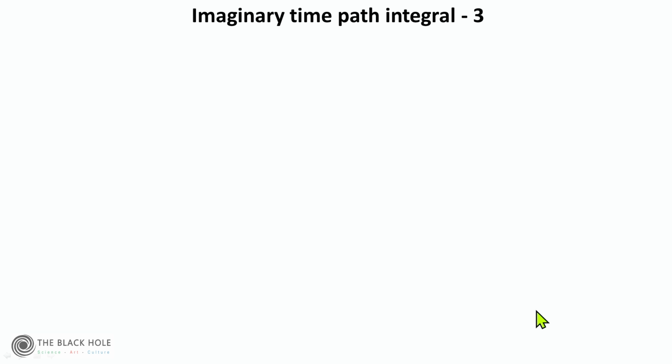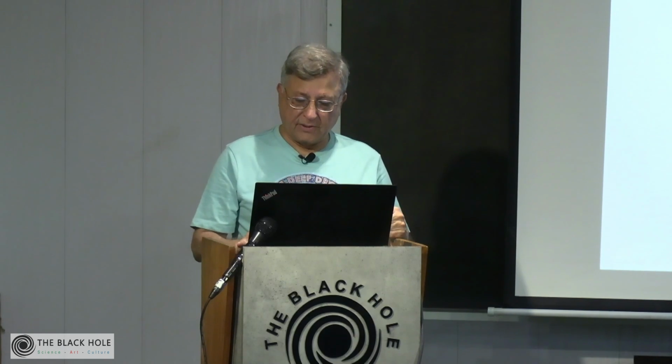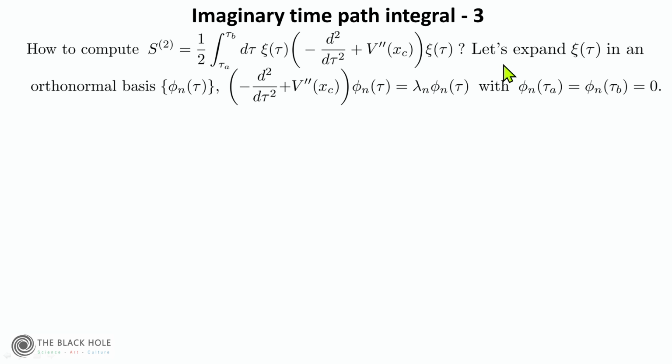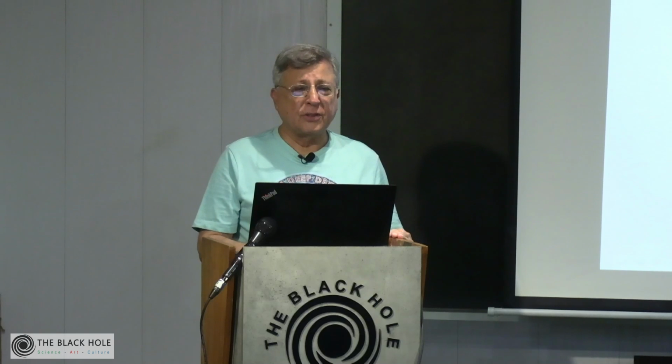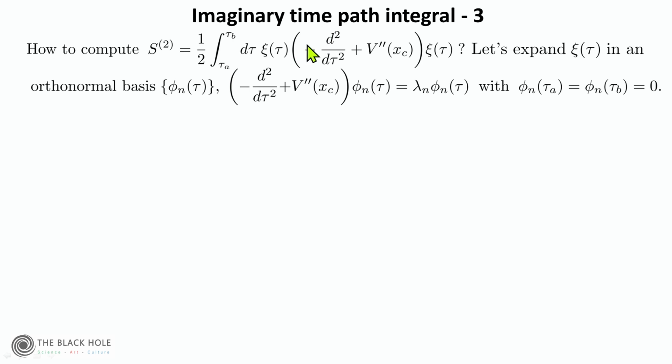All right, now let me come back to the imaginary time integral, to the fluctuation integral rather, and we want to know how to compute this. Okay, so we expand xi of tau in some orthonormal basis, and I can always choose that orthonormal basis to be the eigenfunctions of this operator. So you see, this is by choice.